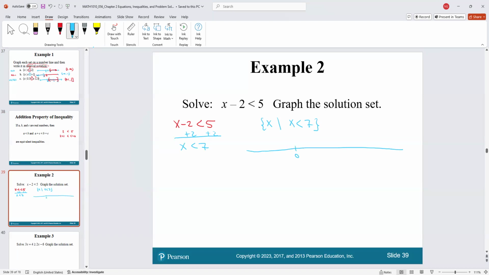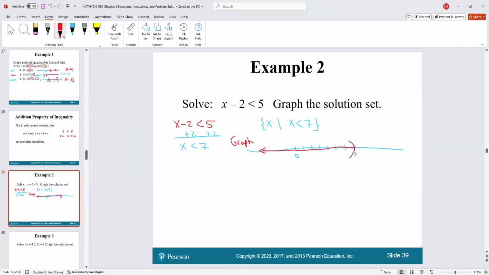If we have 0 here, we can count 1, 2, 3, 4, 5, 6, 7, right there. We said x is less than 7. Less than means we use parentheses, and we're going to go to the left. This is the graph.